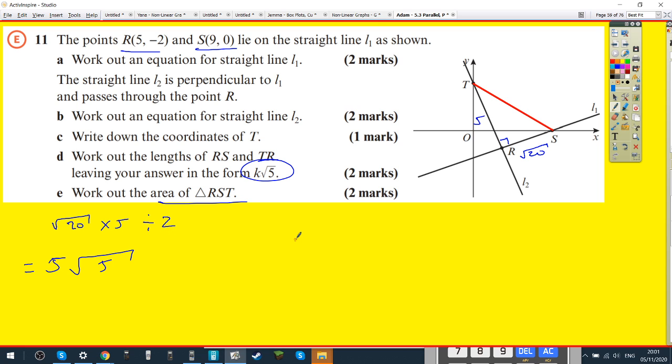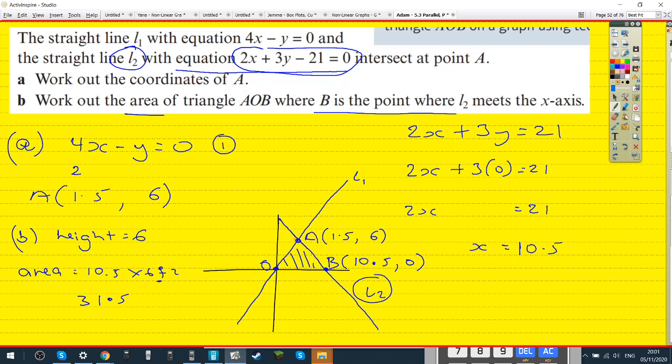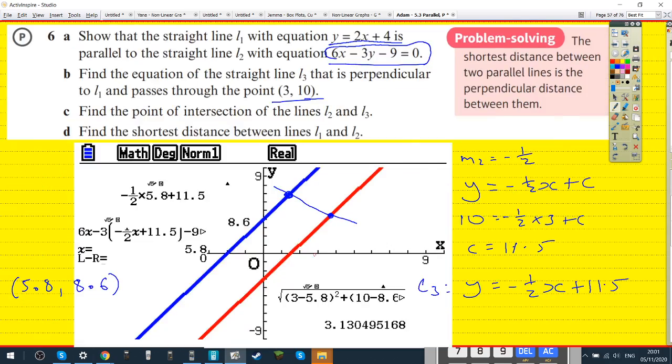Those questions, the difficult bit is never finding the area at the end. They almost always look like this one here that we did. They're usually very simple, where one of the points is on the origin, one point is on the x-axis or the y-axis, and it's always just a half base height.